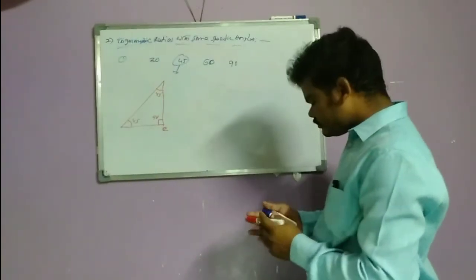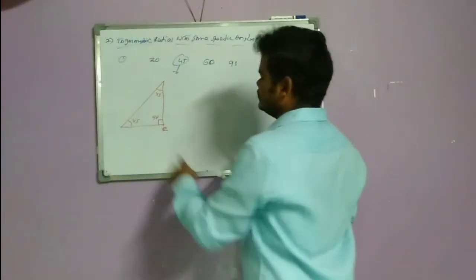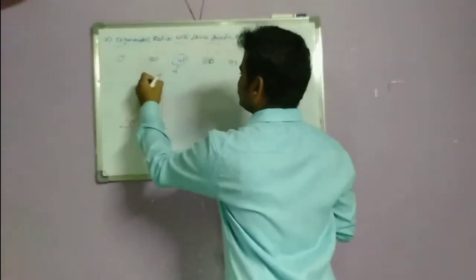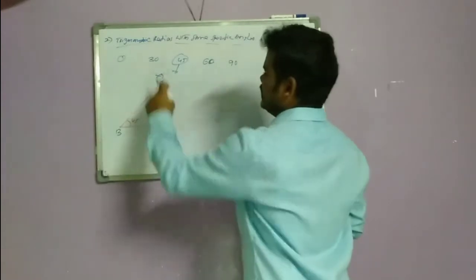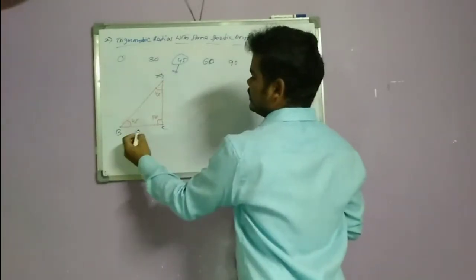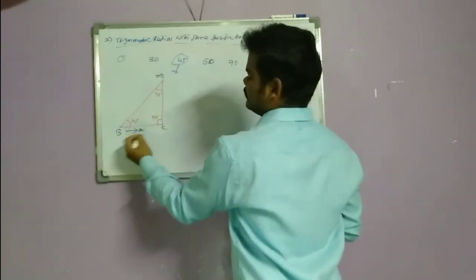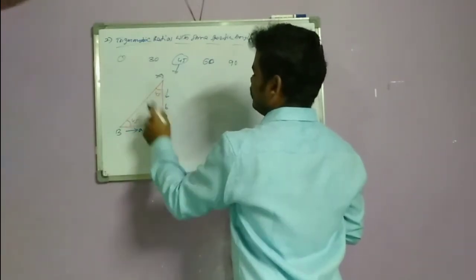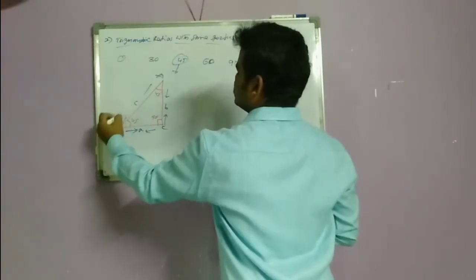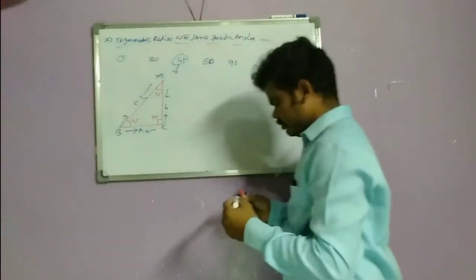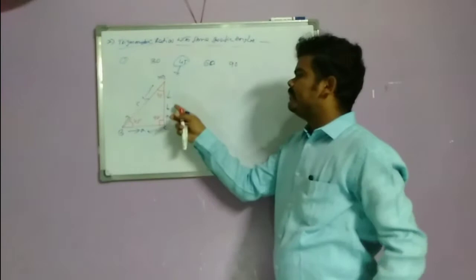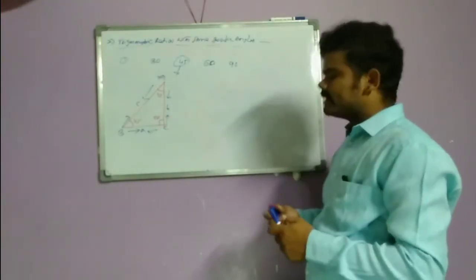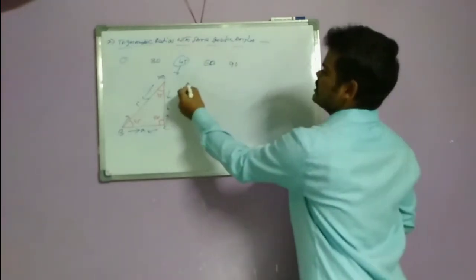Now, the length of this side is C, this is A, and this one is B. Opposite to A is the length of A. Opposite to B is the length of B. Opposite to C is the length of C. These are the right angle isosceles triangle. Now, derivation. What are the fundamental trigonometric ratios?